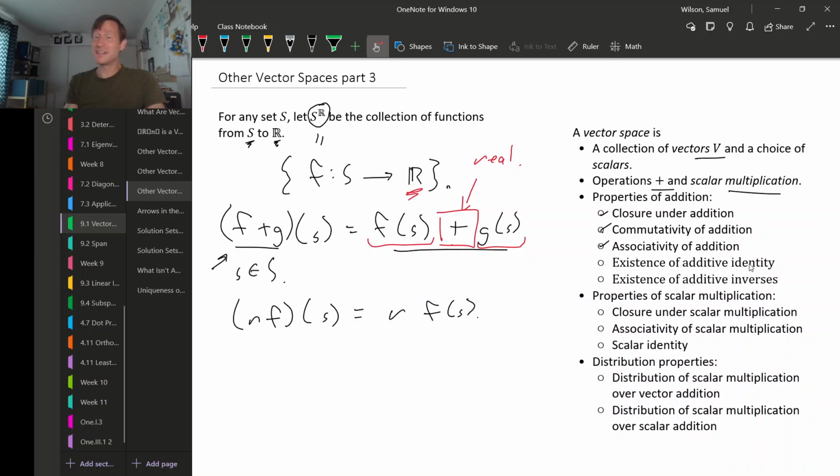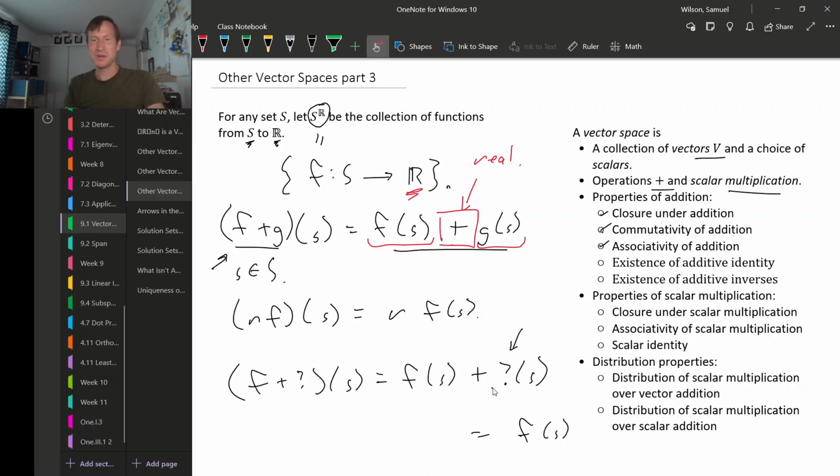For an additive identity, maybe this one isn't as obvious to see. What function would you have to add to some mystery function f so that you get the same thing as just f? Well, right. So I'm asking, what goes here? Well, we're hoping that we get a function that's equal to just f. So whatever this is, it had better be 0 all the time.